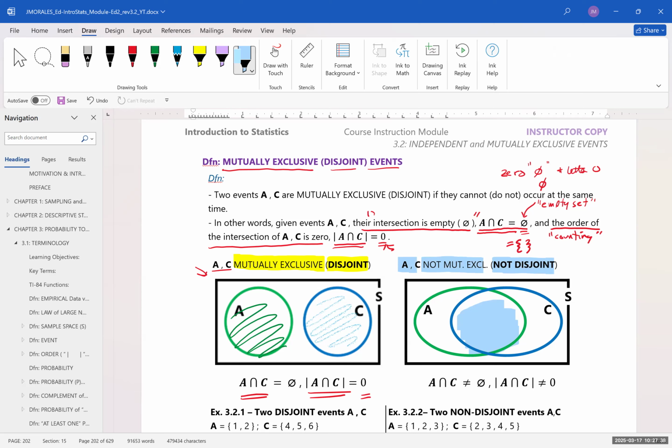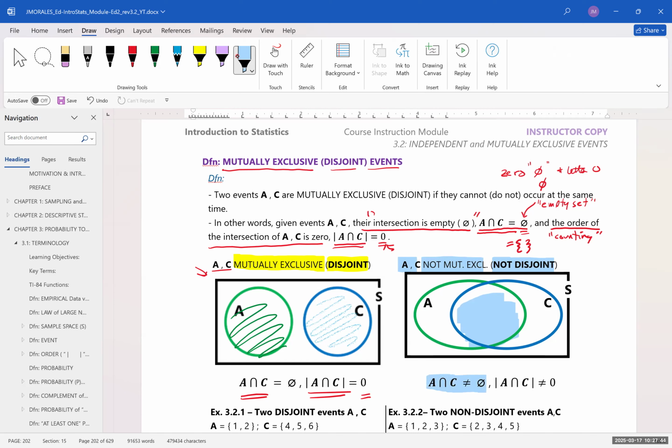And so because events A and C overlap, their intersection would not be empty. Their intersection would be composed of something that they share in common. And so therefore, the order of that intersection would not be zero. It'd be like one if they had one thing in common, or two if they had two things in common.